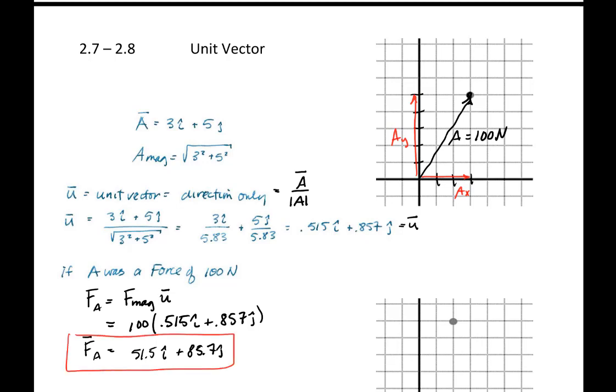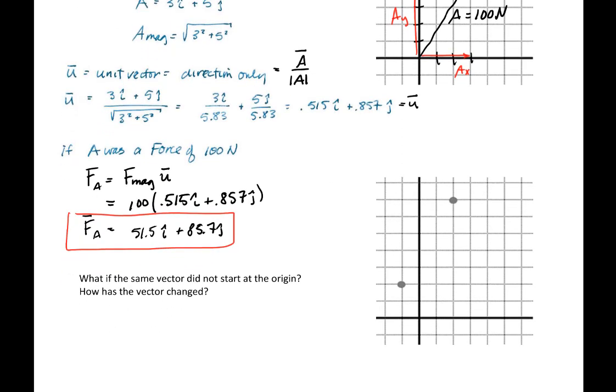Alright, what if the vector does not begin at the origin? Is there any difference? Let's say instead of originating at the origin, it originates at that point. We're still going 3 in the i direction, 5 in the j direction, and let's say it's still 100 newtons. Remember that a vector is defined by the magnitude and the direction.